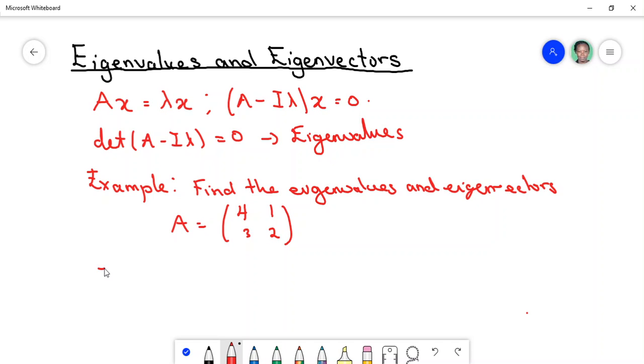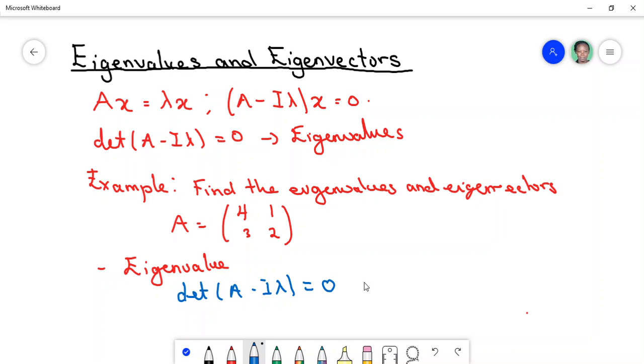So let's find our eigenvalues. What did we say? We said the determinant of A minus I lambda is equal to 0, because it's a 2 by 2 matrix.